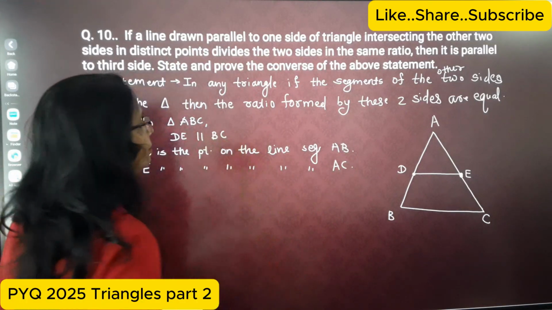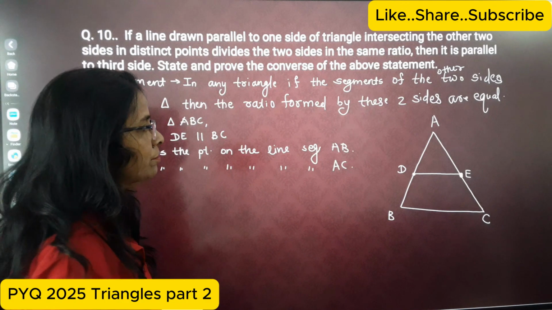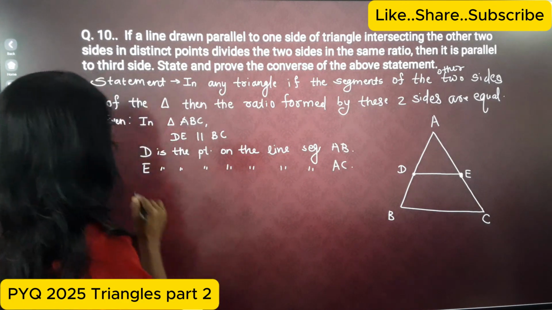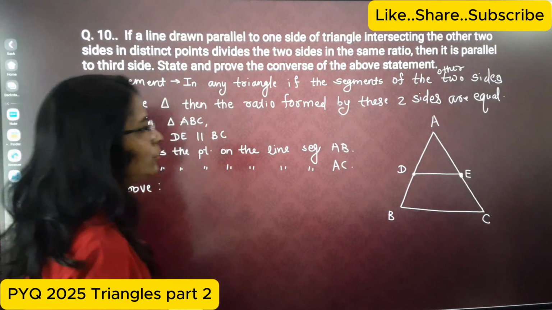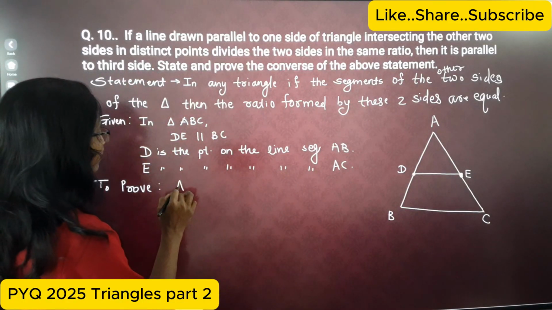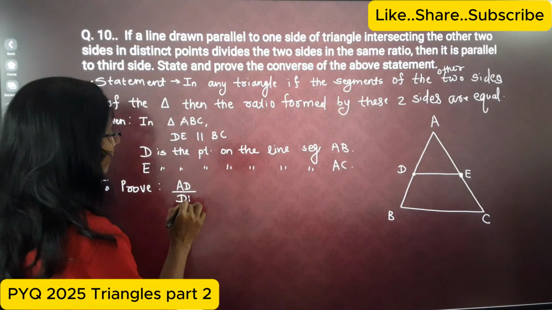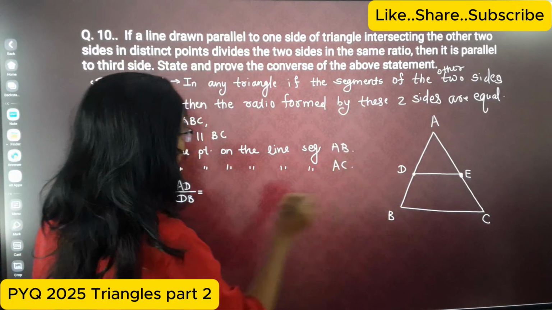So we can write DE parallel to BC here. And then we have to prove that AD upon DB is equal to AE upon EC.